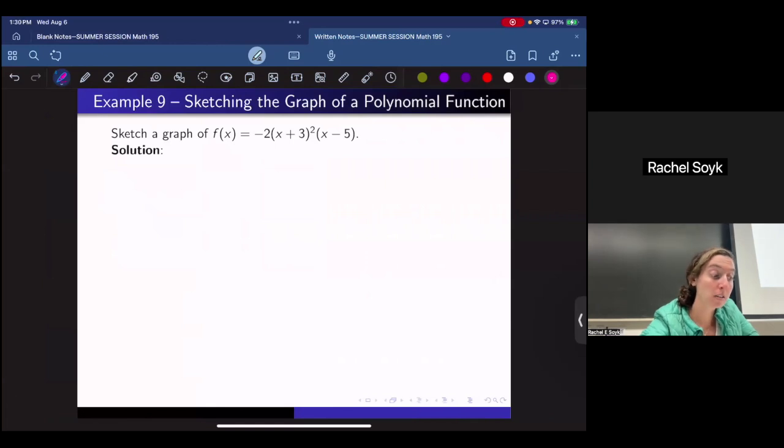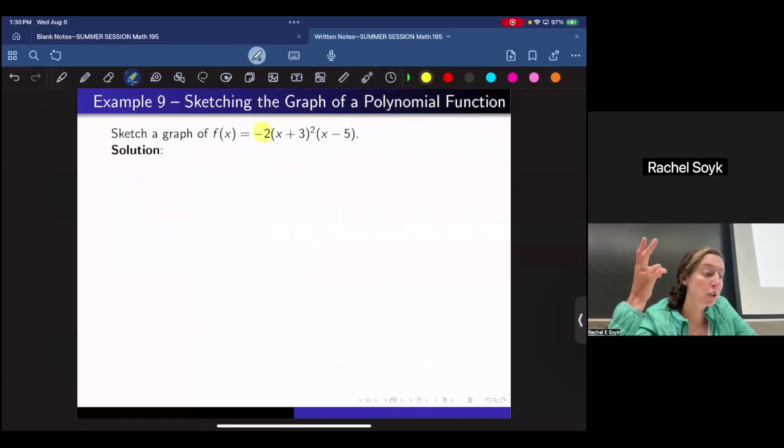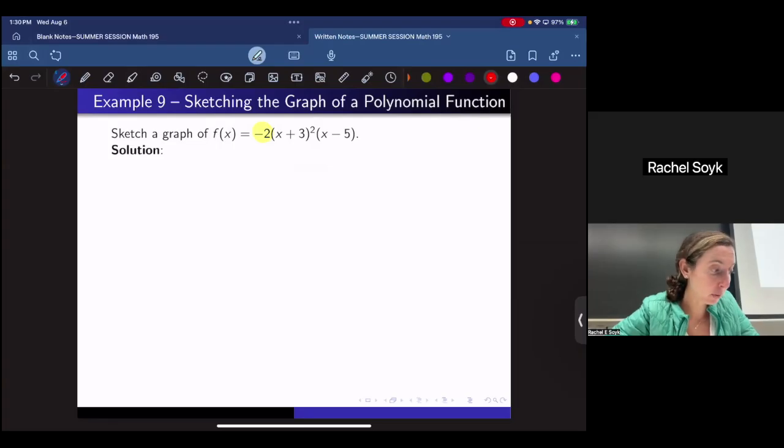Let's look at this one. This one, we have a multiplicity taking place, and we also have a little reflection. As soon as you determine whether we have an odd degree or even degree polynomial, we look at that end behavior, and then we want to reflect it over the x-axis. But let's start off simple.